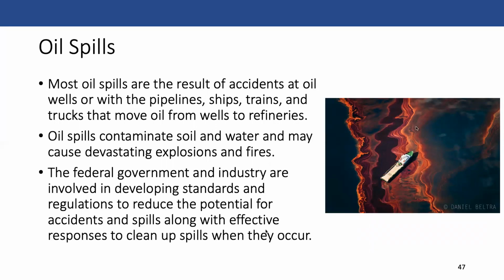Oil spills contaminate soil and water. They have huge ecological impacts. And there are constantly developments of standards to help reduce this. But unfortunately, a lot of that happens after the fact. And we can point to that historically.